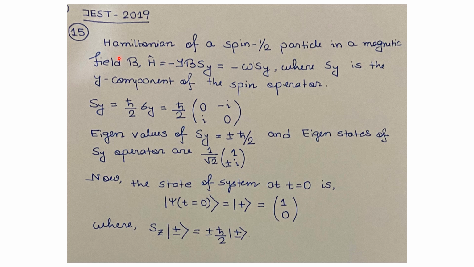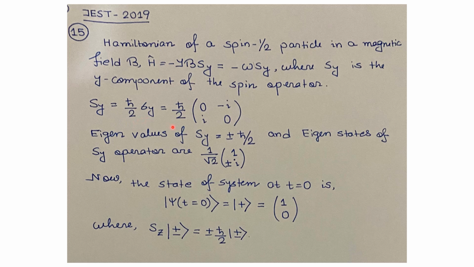It is given in the question, the Hamiltonian of a spin half particle in a magnetic field B. The Hamiltonian is minus gamma B Sy, which is equal to minus omega Sy, where Sy is the y component of the spin operator. Now the Sy operator can be represented as h cut by 2 times the Pauli matrix sigma y.